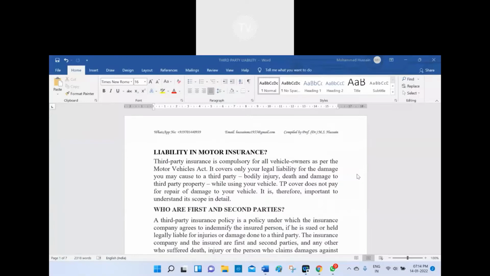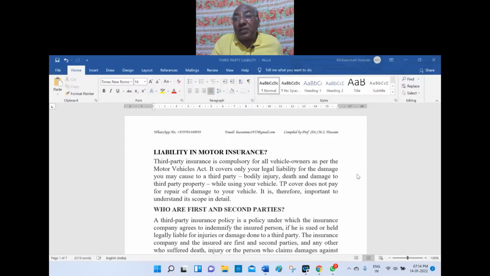Is third party insurance there in marine insurance or fire insurance? No, it is only in the motor vehicle insurance that you will find third party insurance.